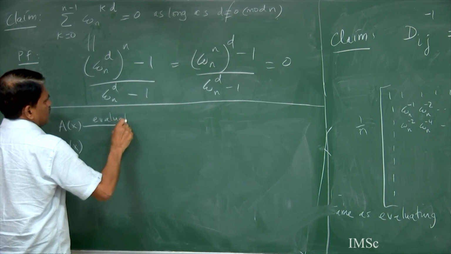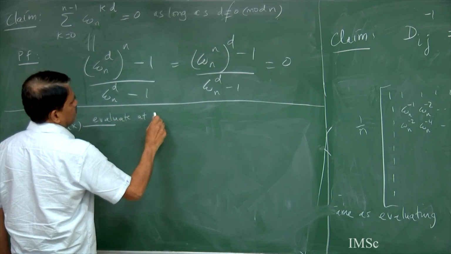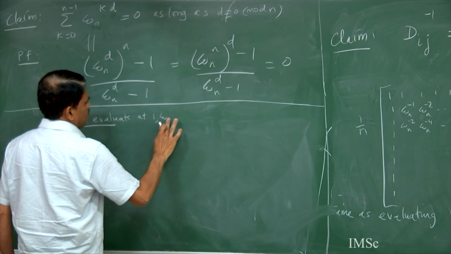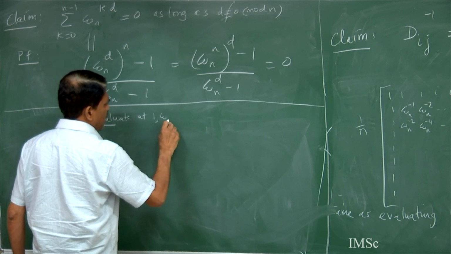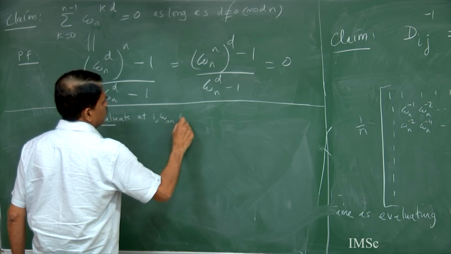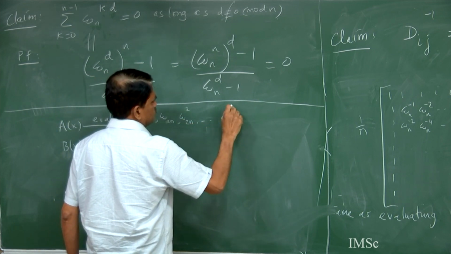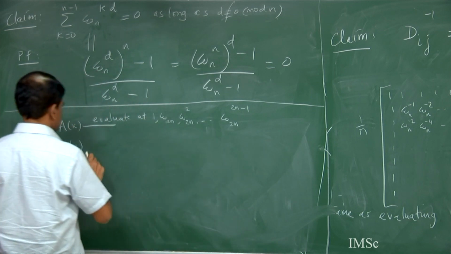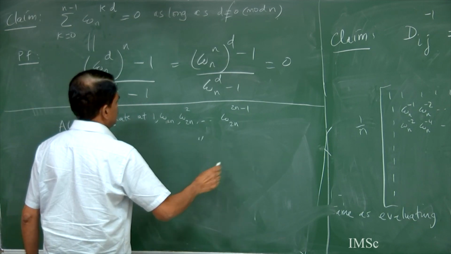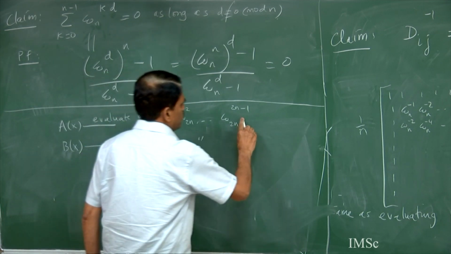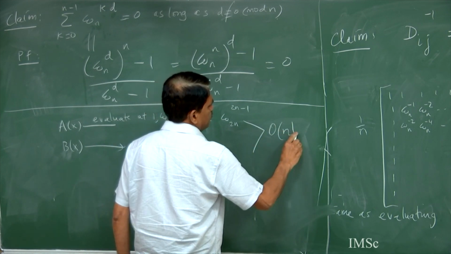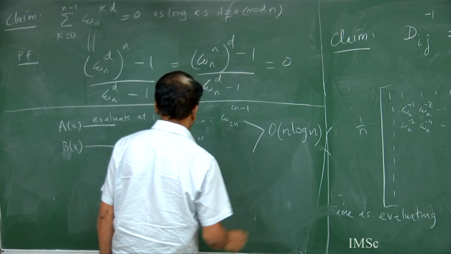If they are of degree n, then I will evaluate them at 2n-th roots of unity, and similarly evaluate at these points, and we can do it in n log n time using this divide and conquer.